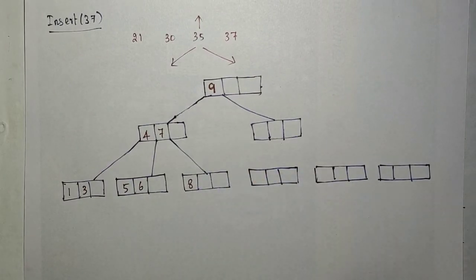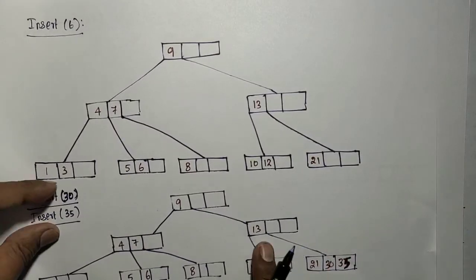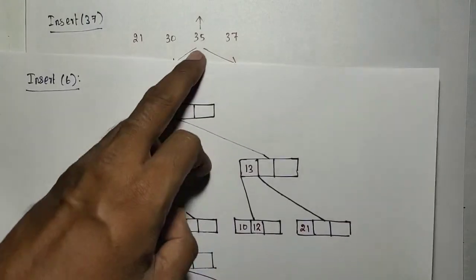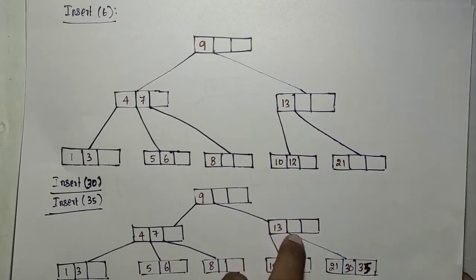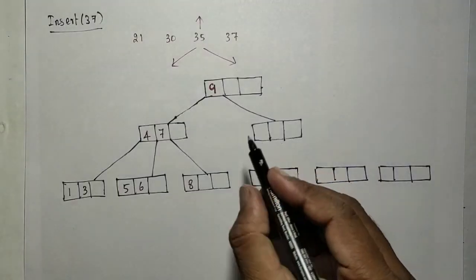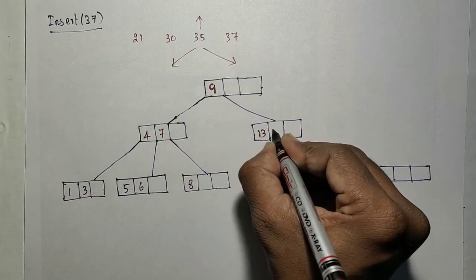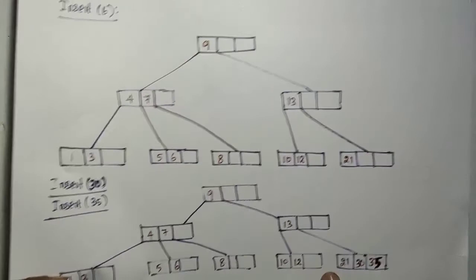And then here 13 and 10, 12. Now this node is split, that is, 35 is moved up and will be placed in this node. So here the node will be 13 and 35. The left of the 30, no change, 10 and 12.